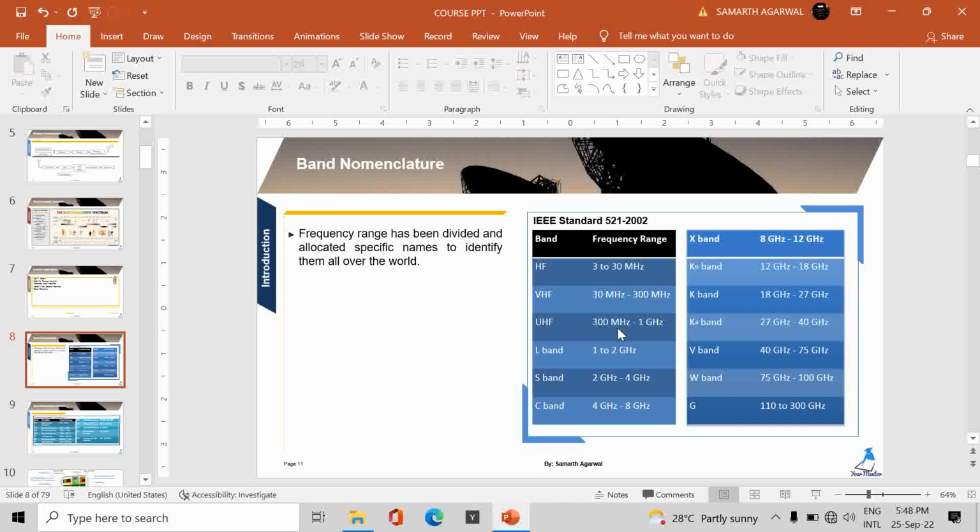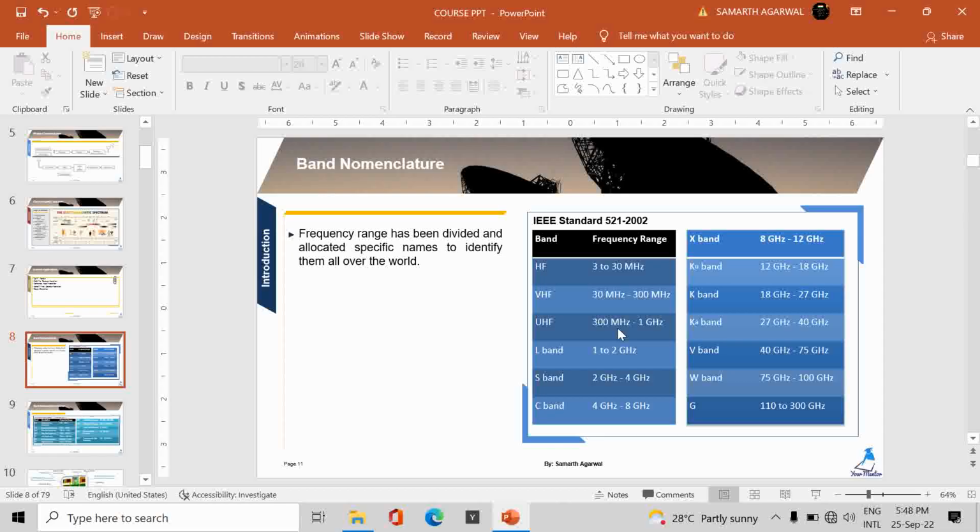Mainly the K band, 27 gigahertz to 40 gigahertz, is one of the ranges for 5G communication, in which 26.5 and 28 gigahertz are used for 5G communication.